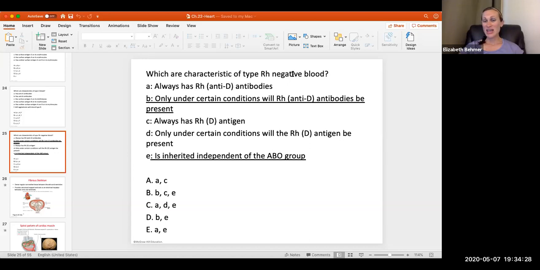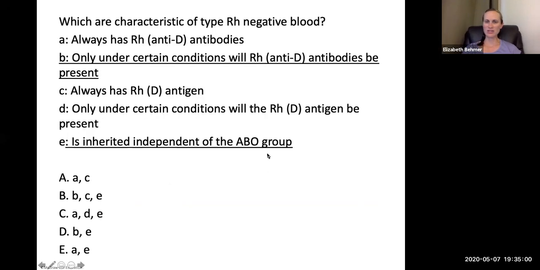So it's Rh negative, so it doesn't have the Rh antigen. And this is a big one. It's inherited independently of the ABO group. What that means, if you guys have studied genetics at all, is you get an ABO blood type in a separate gene, as you would get your positive or negative, your Rh factor. Okay, so the answer to this is B and E, and I included those answers in there because that was just a little trickier.